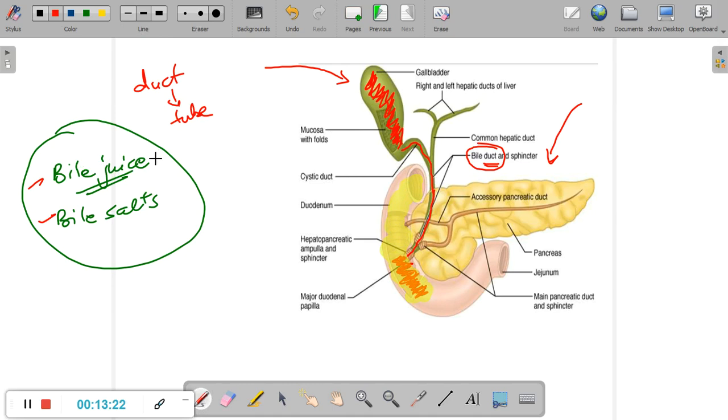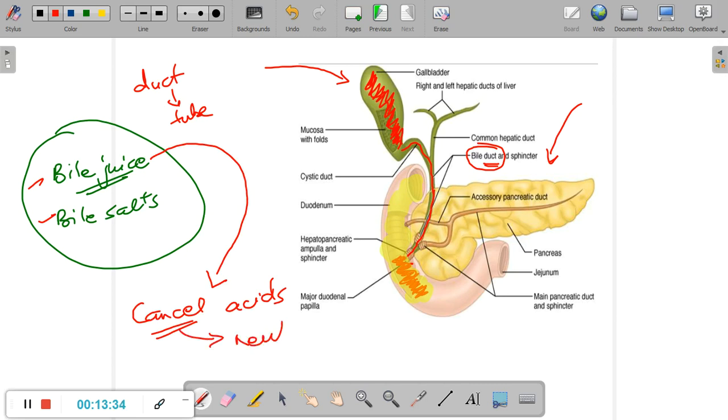Now what do the bile juices do? The bile juices will cancel the acids. We don't use the term cancel, we use the term neutralize. The bile juice will neutralize the acid.